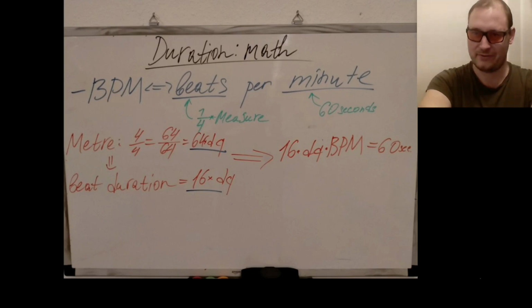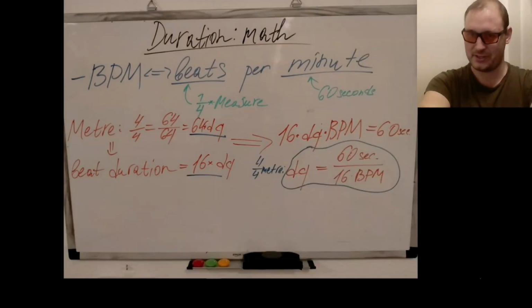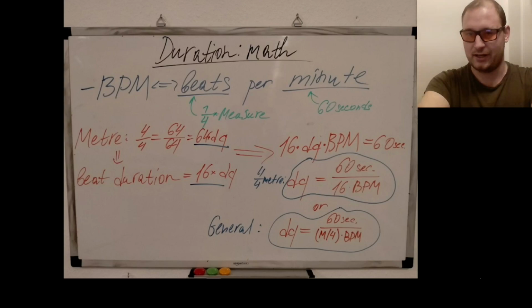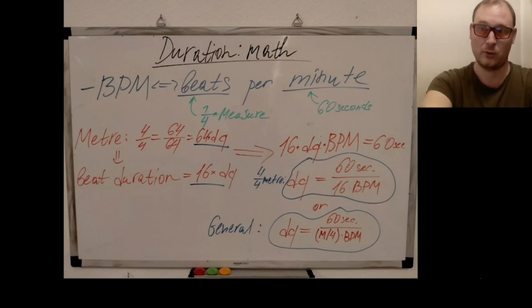So you see this formula, and from this you can derive the dq value for the 4x4 meter. For a more general case, you can just have here your meter divided by 4. So for this formula, you now can define your smallest note duration, and based on that, you can have all other notes duration precisely defined.